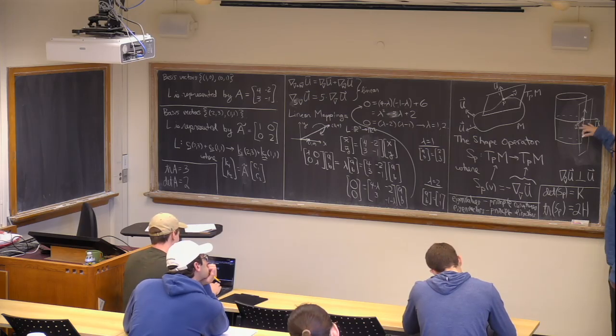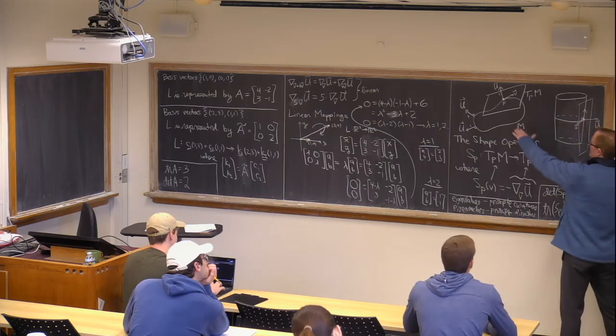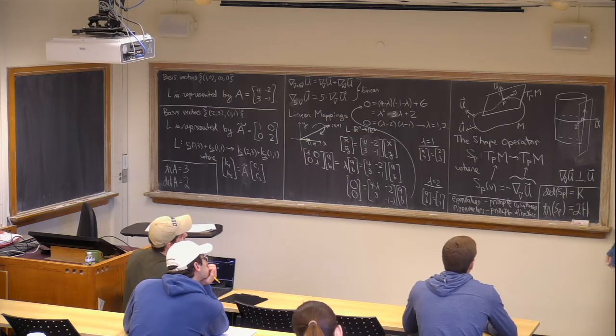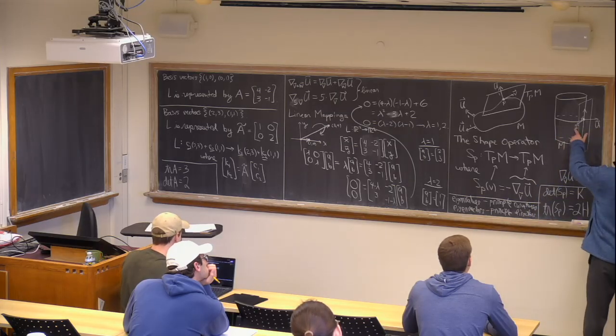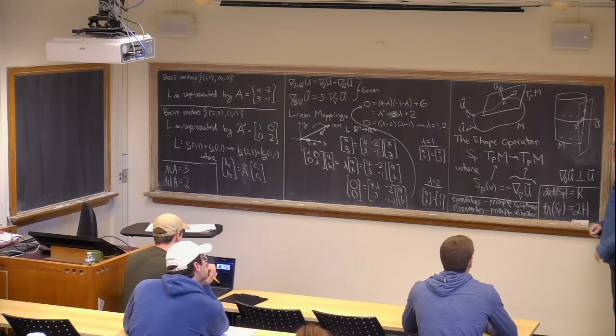Do you see that two vectors define a plane, and the cross section is going to be that circle? The surface in question is the cylinder, but if I take the plane defined by capital U and little u in this example, I get that circle. Now, little u is any tangent vector, so I have a whole circle of possible cross sections.